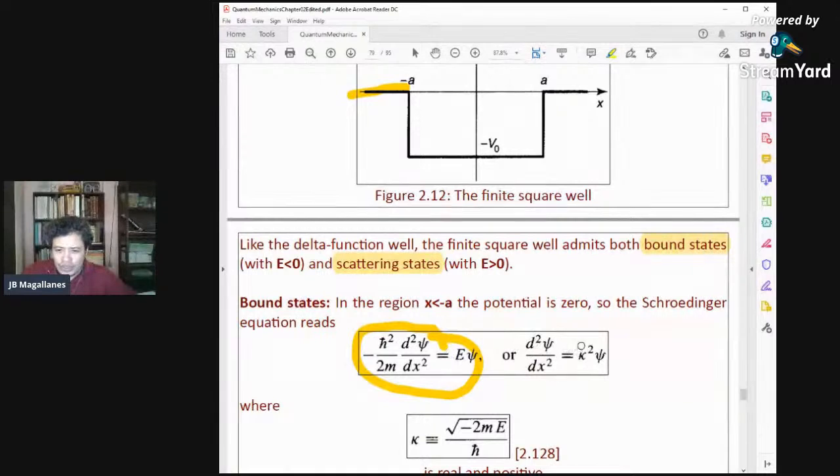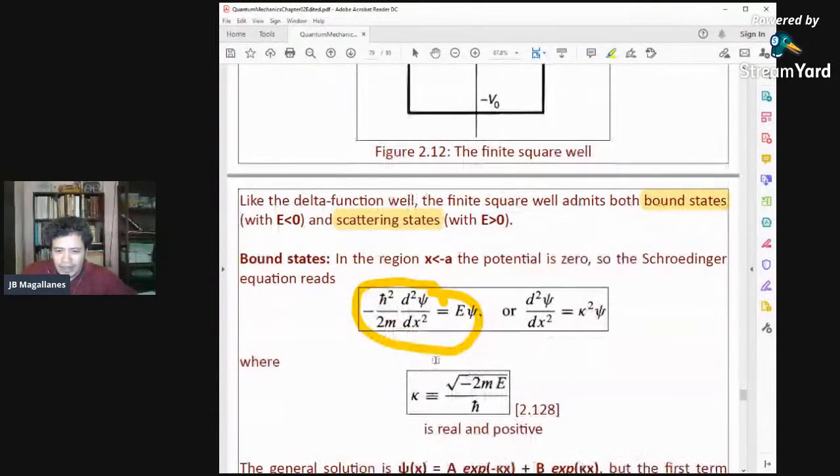And then of course you can transform that by letting kappa equal the square root of negative 2mE over h bar. You can transform this into this equation.